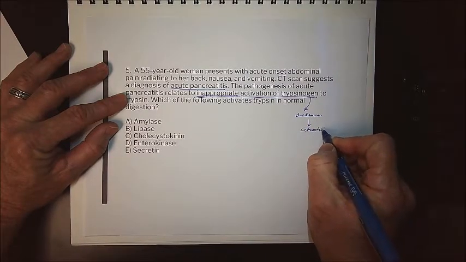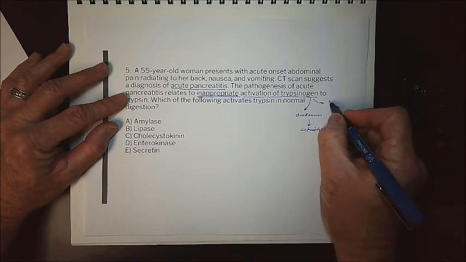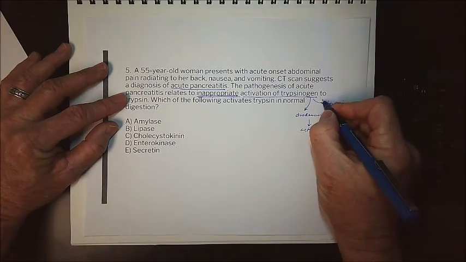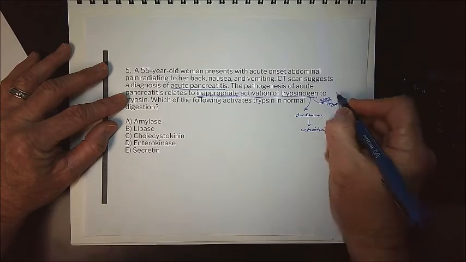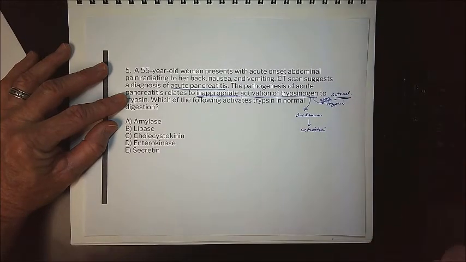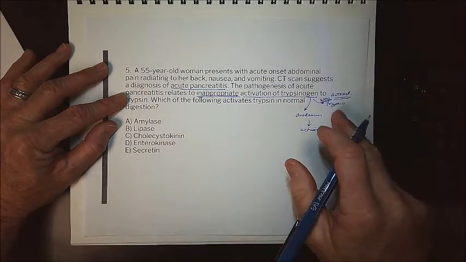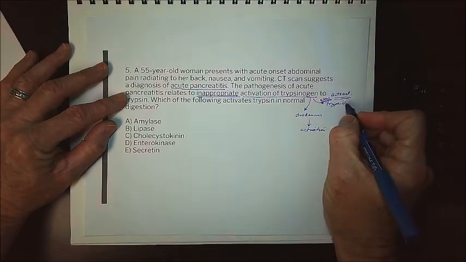That is the normal sequence. If we have inappropriate activation, that means this is going to be converted into trypsin. And remember, I said there is a slow activation sequence. This is called autoactivation. And this happens under all conditions in everybody with trypsinogen. The key element here is that it's slow because it's an autoactivation sequence.